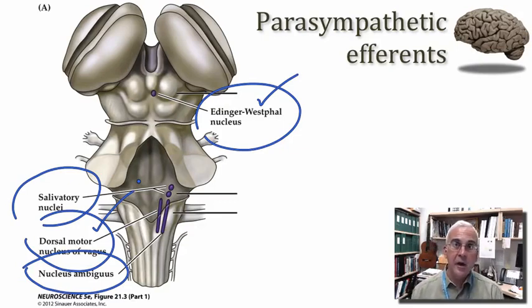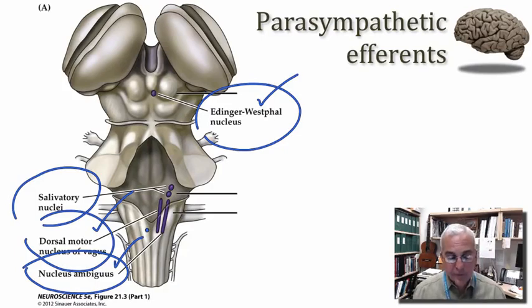One additional contribution to that vagus nerve that is very important in governing the activity of the heart comes from a set of cells that are anatomically associated with the nucleus ambiguus. So the nucleus ambiguus really has at least two distinct populations of neurons. There are the branchial motor neurons that supply the muscles of the larynx and the pharynx, and then there are these parasympathetic preganglionic neurons that are involved in slowing the heart.